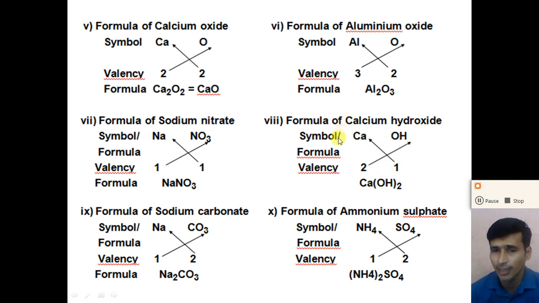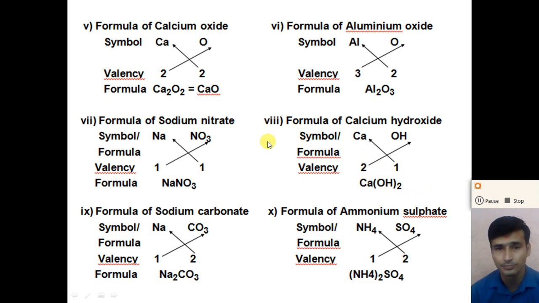But here the valency of the calcium is 2, combined with the OH. Here OH is a polyatomic molecule, right? And here we use rule number 4. For polyatomic molecules, we write the valency in the bracket. So we get the chemical formula of the calcium hydroxide as Ca(OH)2, right?